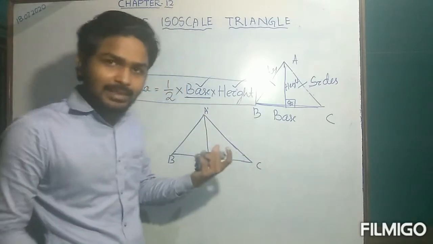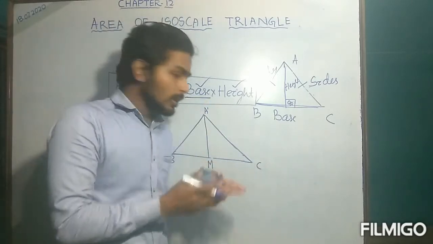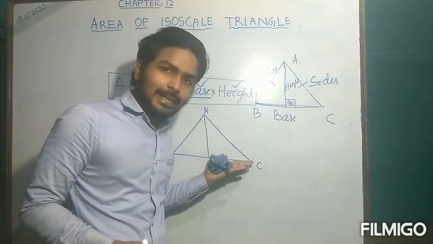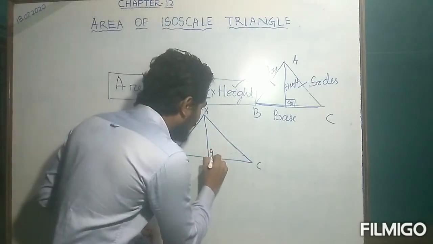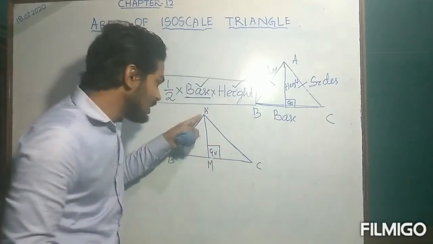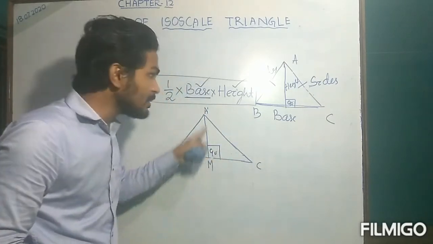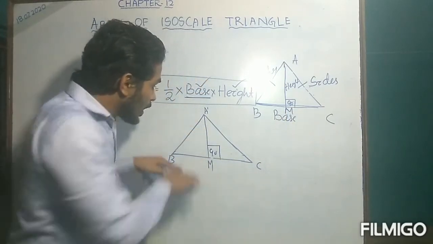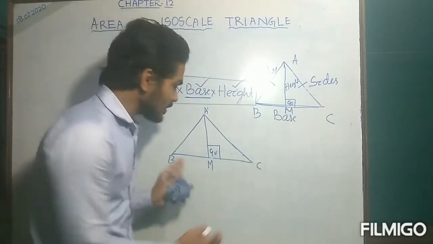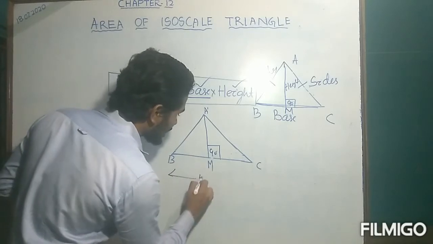Bisect means it cuts the base into two equal halves. The height is the 90-degree perpendicular distance. This height AM is the height. Here AM is the height. This AM cuts this base. Suppose this base is 10 cm.